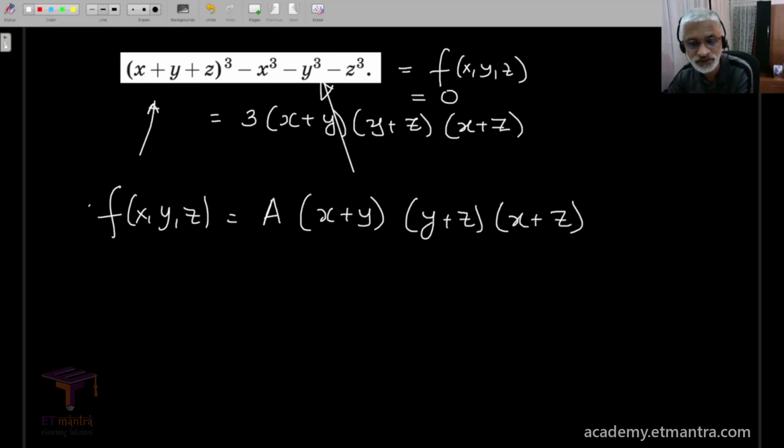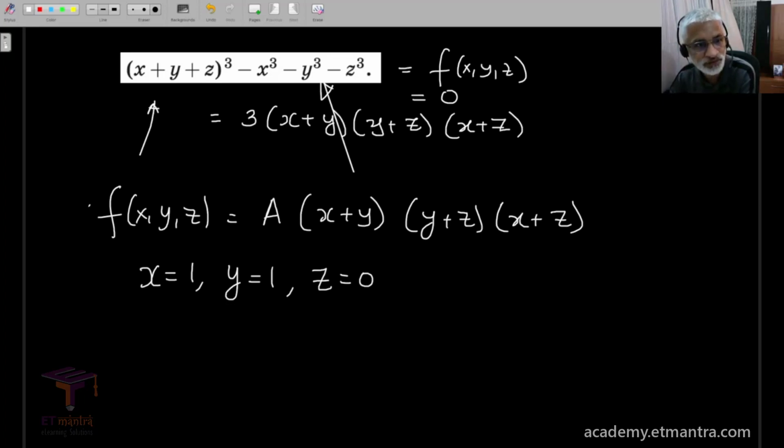And now another standard trick to narrow down on a, we simply plug in some values. Let's try x equal to 1 and y equal to 1 and z equal to 0 on both the LHS and the RHS. The idea is to make sure that both the sides do not go to 0.